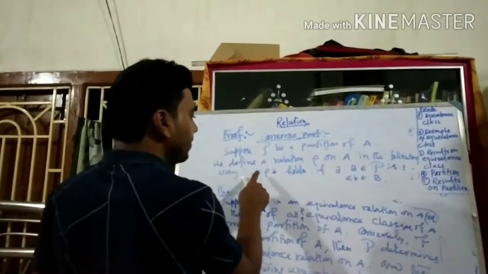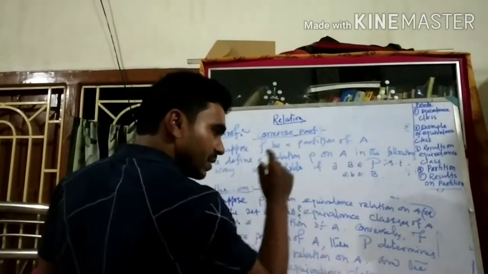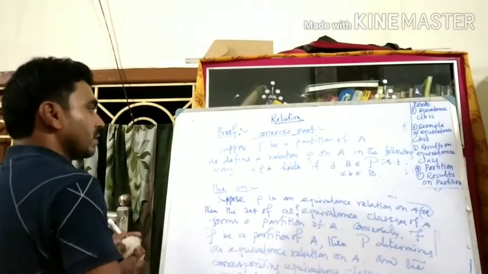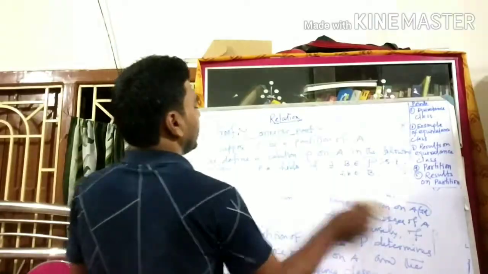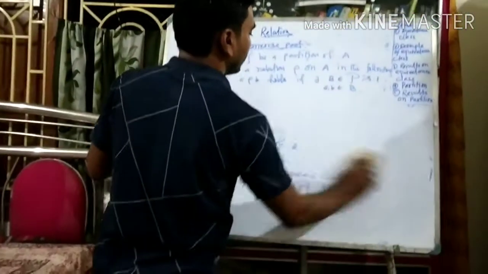That means if A and B belong to the same set B, then we say that there is a relation between A and B.